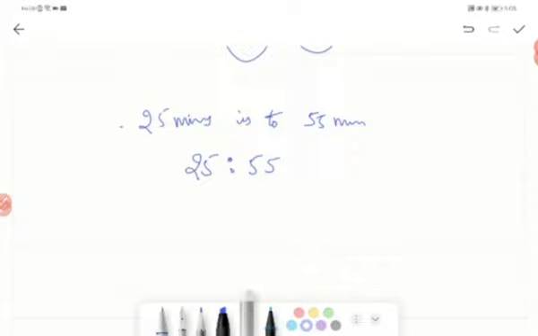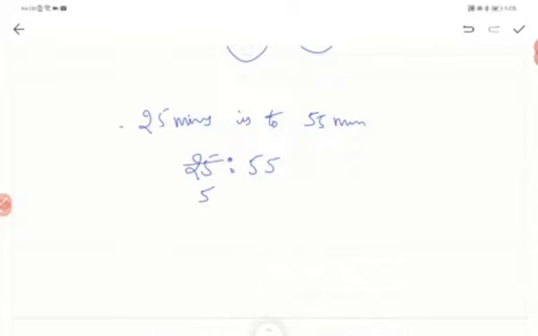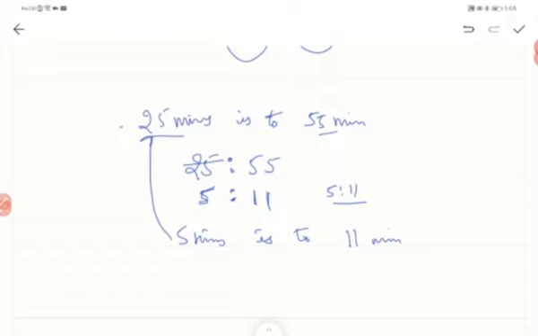It will be in the simplest form when I cut it. So 5 5s are 25, 5 11s are 55. Can I cut this more? No, because 5 and 11 will not come in the same table. So 5 is to 11 is my simplest form. Okay, 5 minutes is to 11 minutes is the simplest form of 25 minutes is to 55.